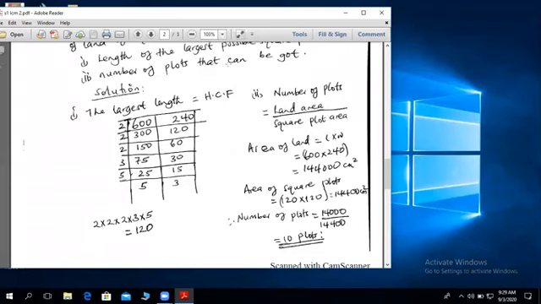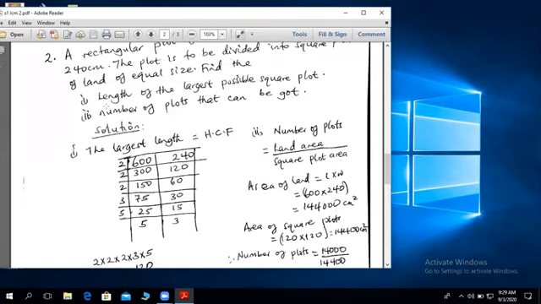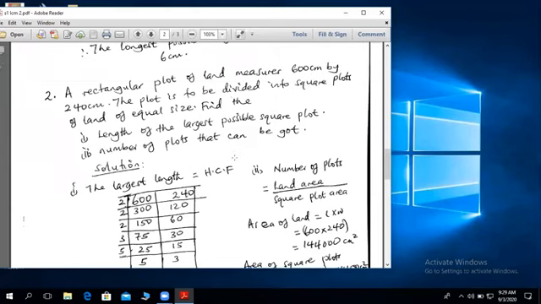So area of square plot is 120 times 120. So the number of plots means that you get the area of the rectangular land, and you divide by area of one square plot.